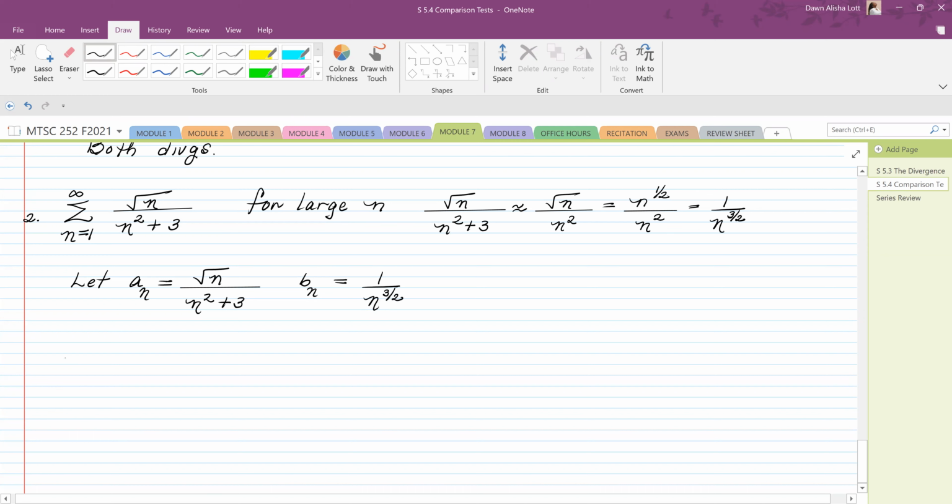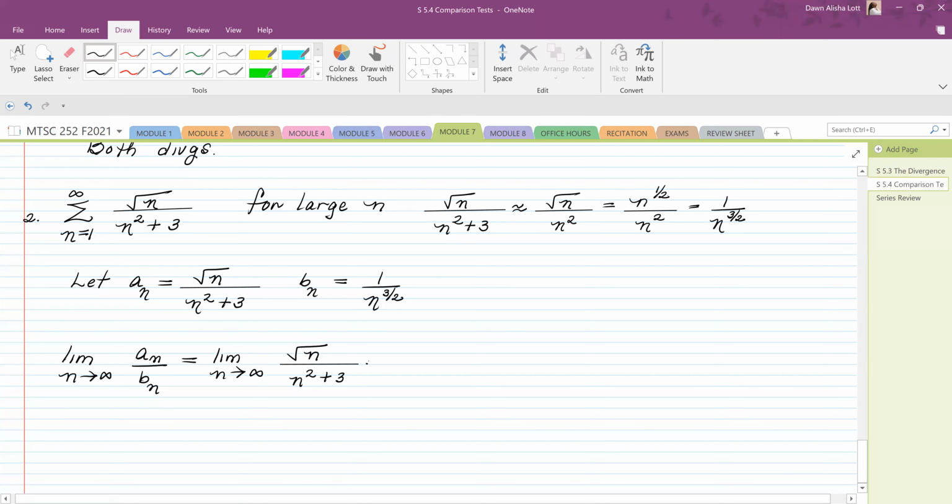Now I'm going to get the limit as n approaches infinity of an over bn. an is the square root of n over n squared plus 3.